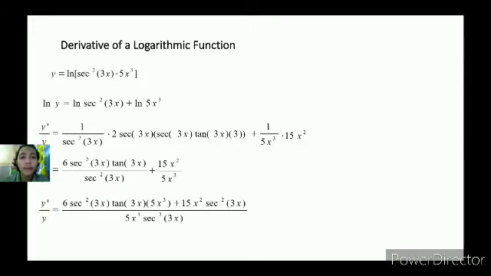Y prime over y is equal to 6 secant squared 3x times tangent 3x times 5x cubed plus 15x squared times secant squared 3x all over 5x cubed secant squared 3x.